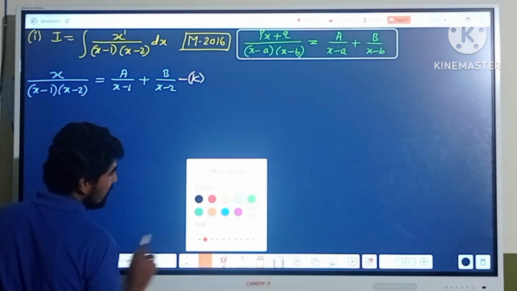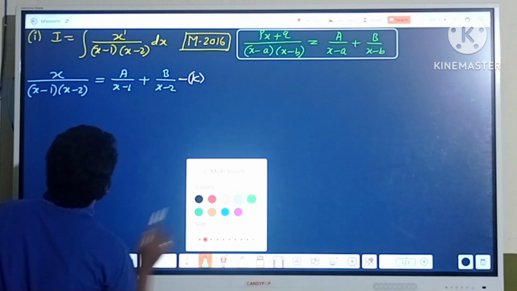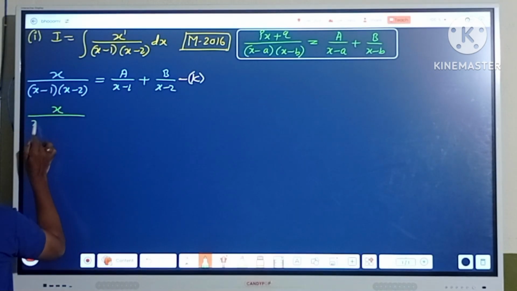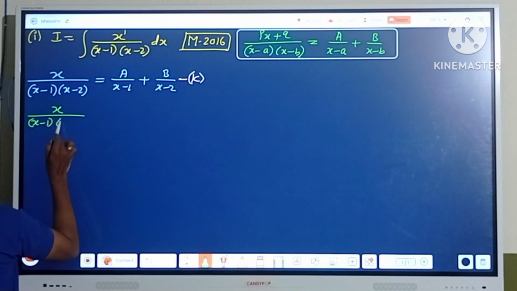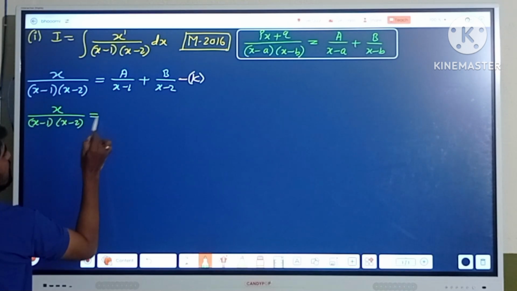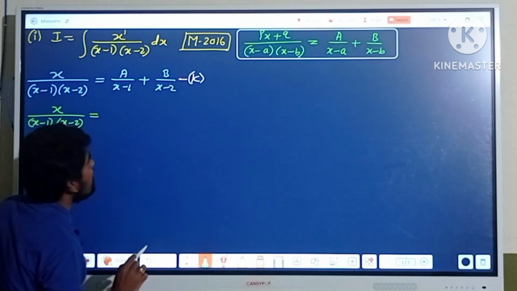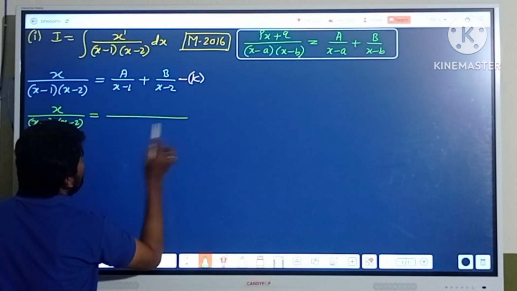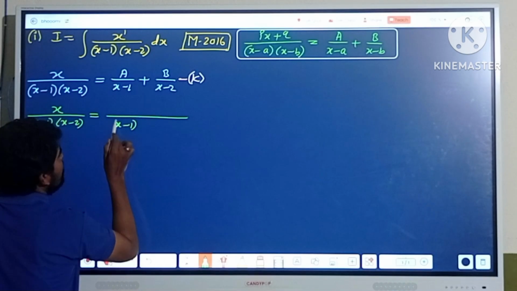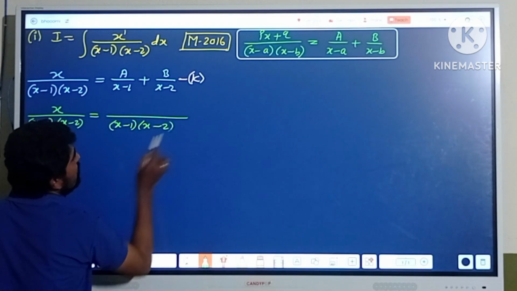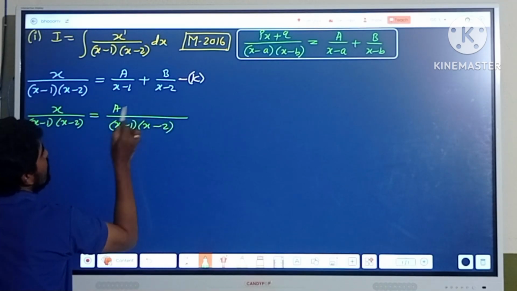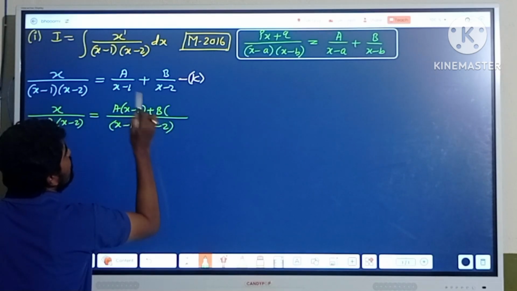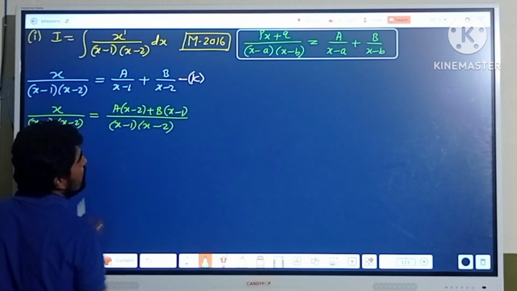So to identify A and B, the LHS is as it is, x divided by (x minus 1) into (x minus 2), which equals, on the RHS, I can take the LCM. The LCM of x minus 1 and x minus 2 is (x minus 1) into (x minus 2), and then A is multiplied by the factor x minus 2 plus B multiplied by the factor x minus 1.